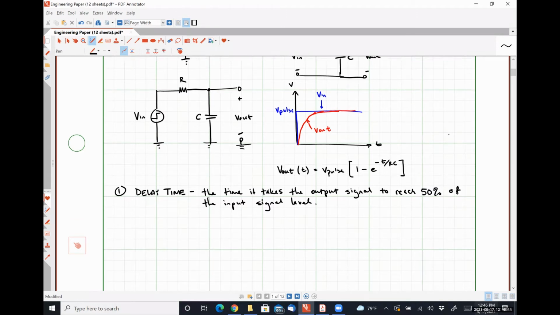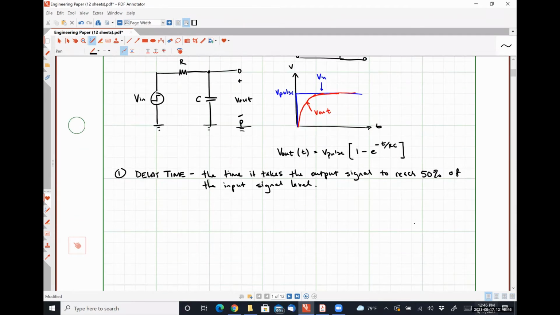So if we know that we want our output to be half the size of the input signal level, we could say that 0.5 V pulse must equal V pulse times 1 minus e to the negative t over RC. We have a common factor of V pulse on both sides that we could get rid of.